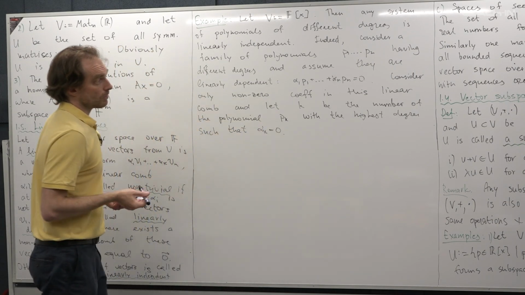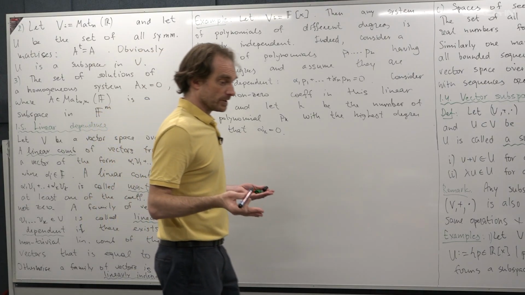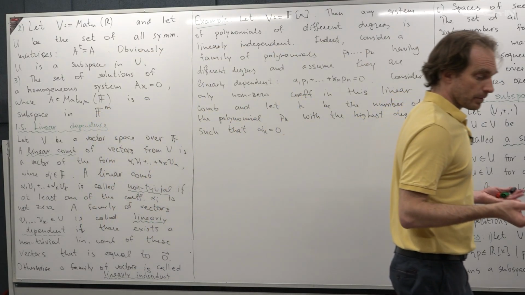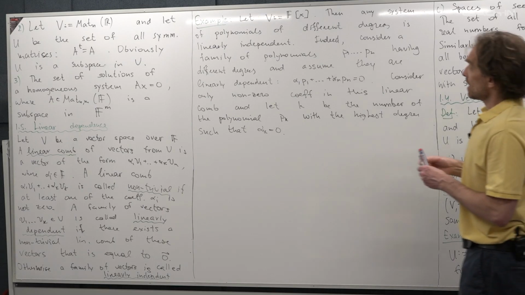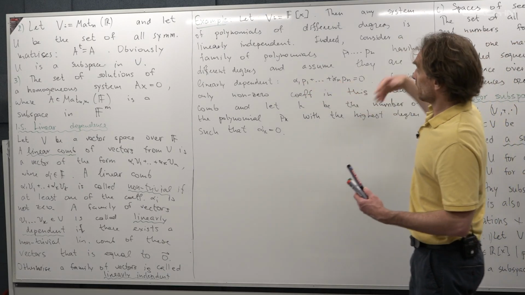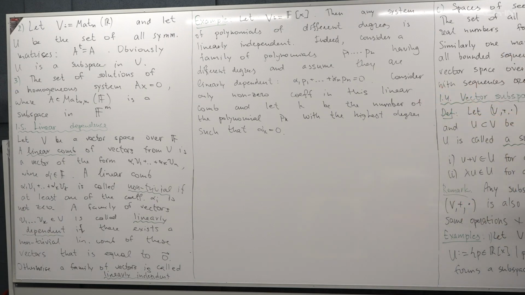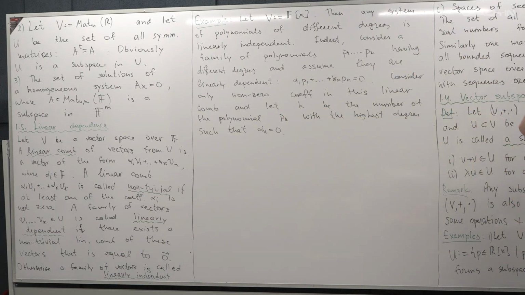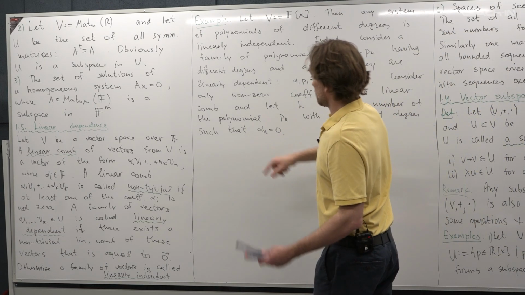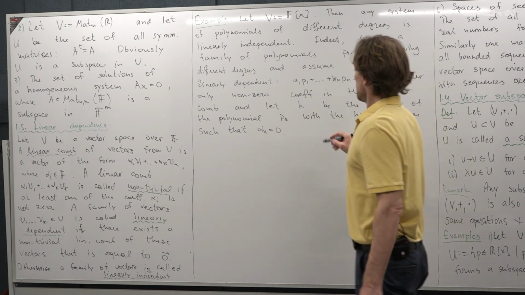Since all these polynomials have different degrees, there exists the polynomial with the highest degree. Consider all the polynomials whose coefficients are non-zero, and among them choose the polynomial p sub k with the highest degree, right? So its coefficient is non-zero.